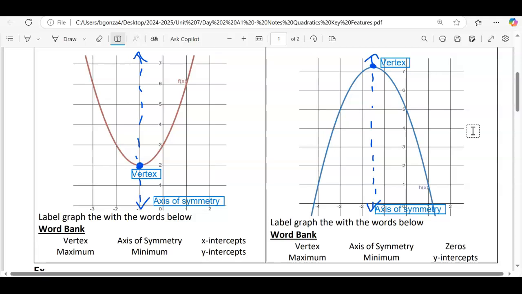The next words, we'll do x and y intercepts. Now, do y'all know what an x-intercept is? It's where it crosses the x-axis. So look, this first parabola, quadratic, where does it cross this x-axis? Where does this touch this?